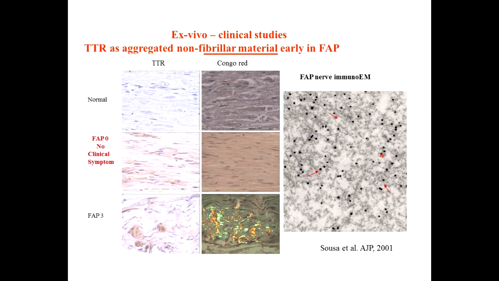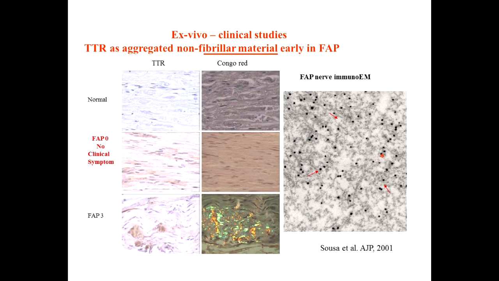So at the time, they were Congo red negative, the normal, and what we call FAP0. So there were no clinical symptoms, and then, of course, there were clinical symptoms. So what we did at the time, around 2000, we stained these biopsies for TTR.